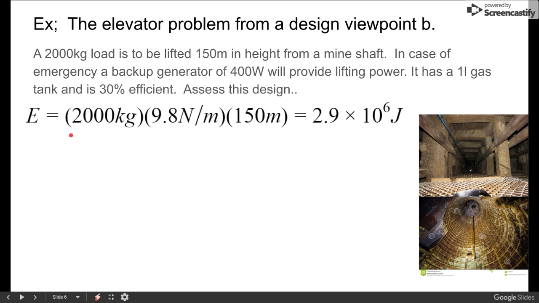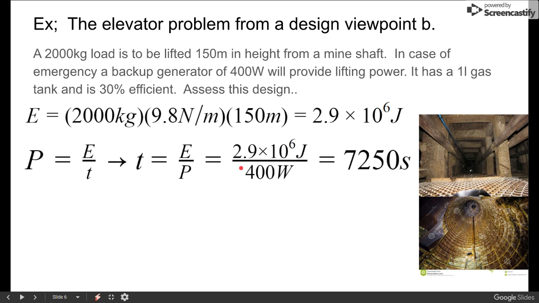Well, first thing again, that number hasn't changed. They kept it the same throughout the problems. We've got 3 million joules of energy we have to provide to get them out of there. If we work this out, the 3 million joules being provided for at 400 joules a second.